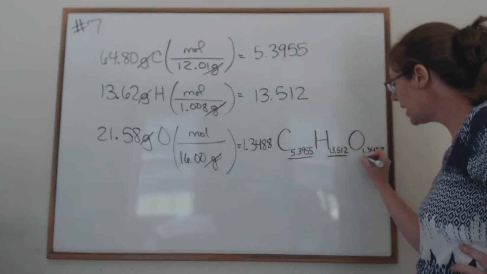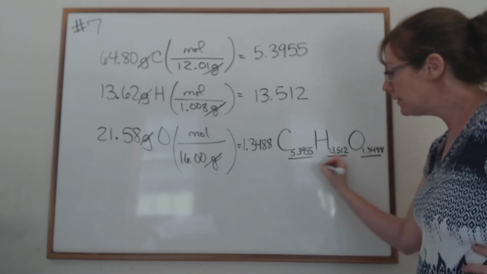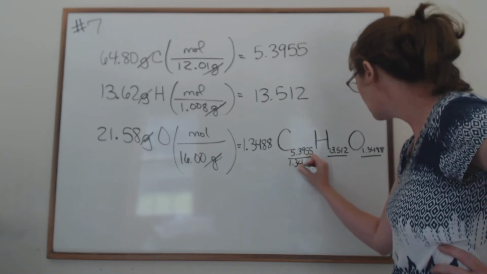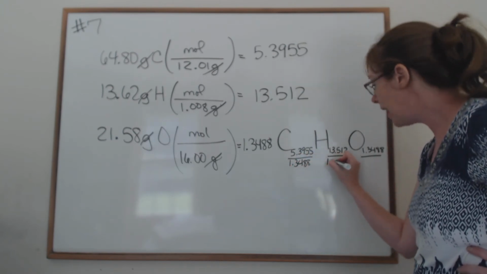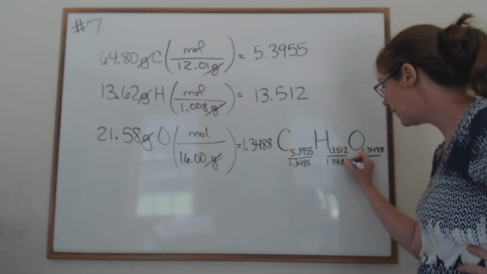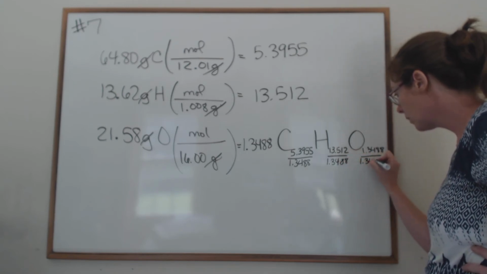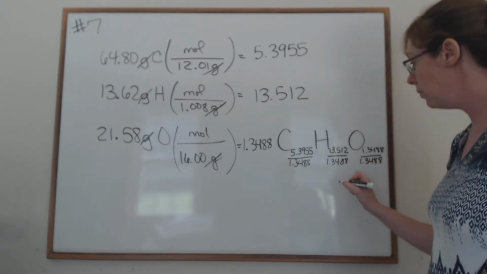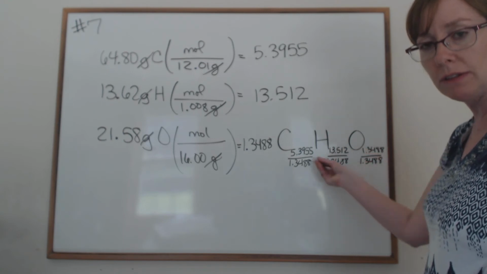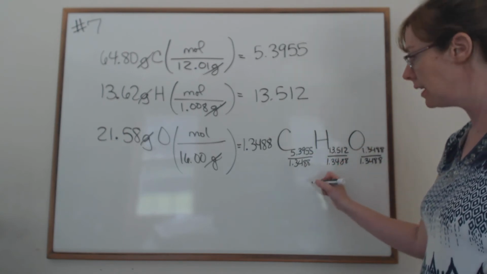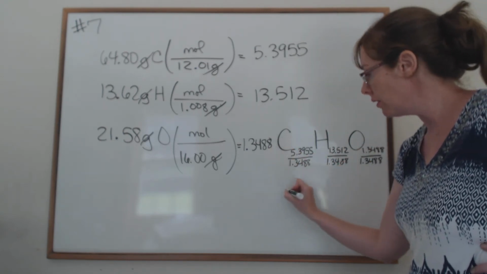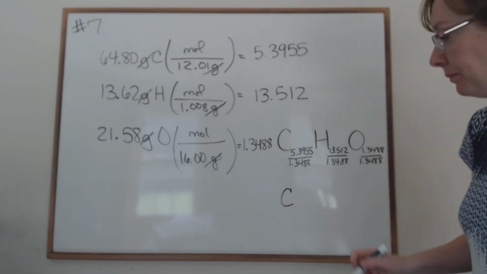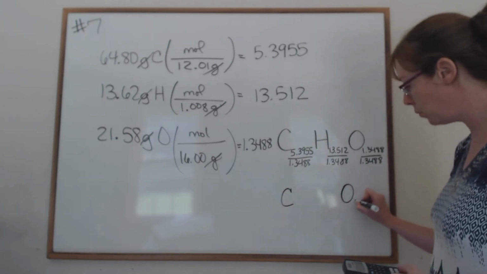Next step is you need all of these to become whole numbers. So the way that you do that is at least fix one of them by dividing them all by the smallest number. That will guarantee that at least one of them is fixed. You have to divide by the smallest of the three numbers, because kind of like algebra, you have to do the same thing to all the people. So now the O becomes a 1, right?